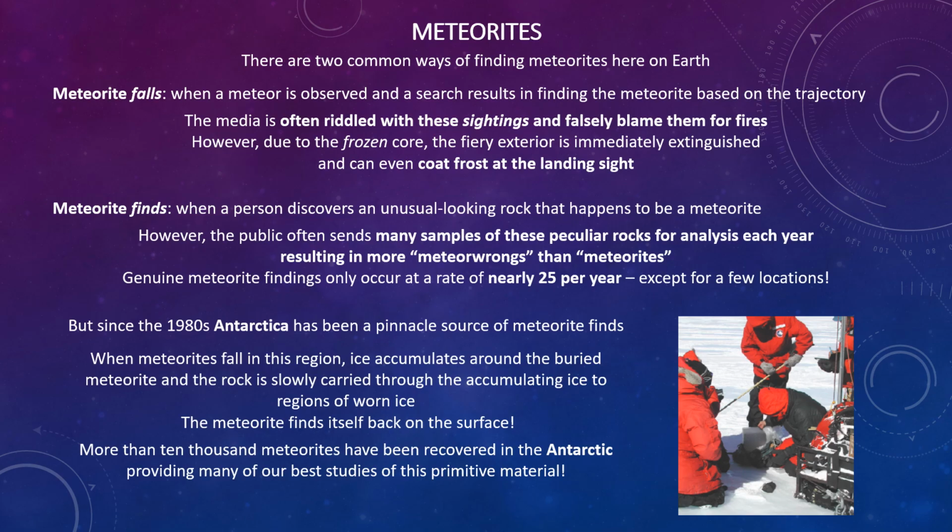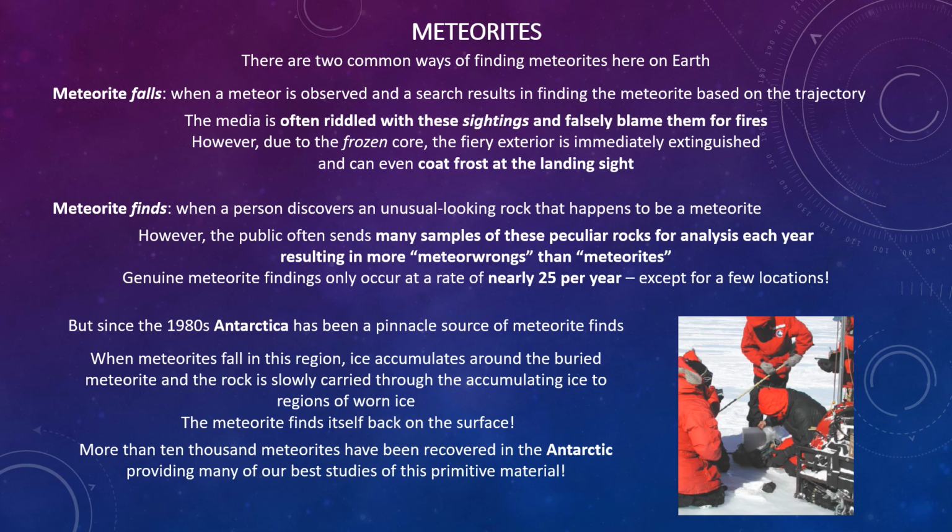The other way that people find meteorites is meteorite finds. And so this is when someone finds an unusual looking rock and thinks maybe it's a meteorite. And so these are often rocks that have been laying on the surface for years, and so they have warmed and their compositions have changed greatly from what they were when they were in space or when they were a fresh fall.